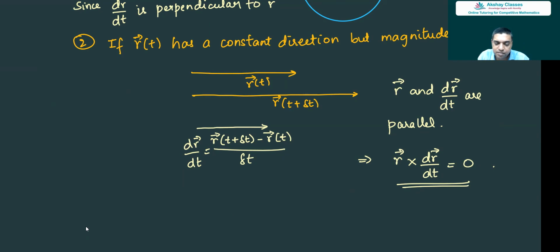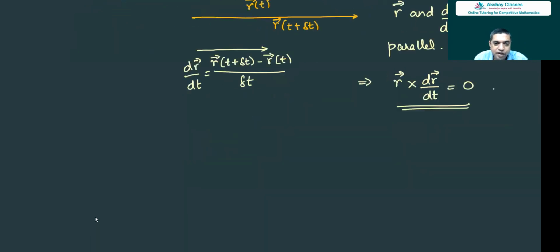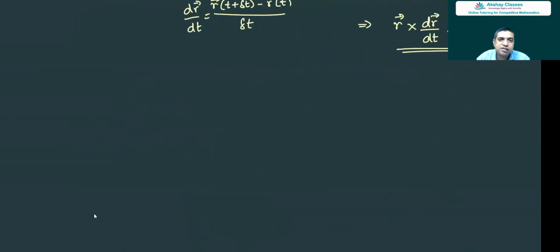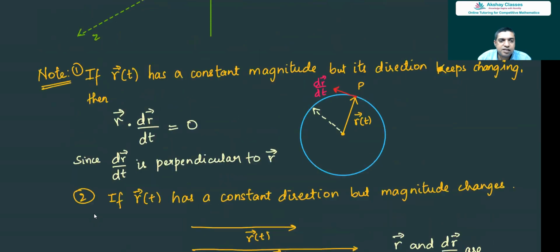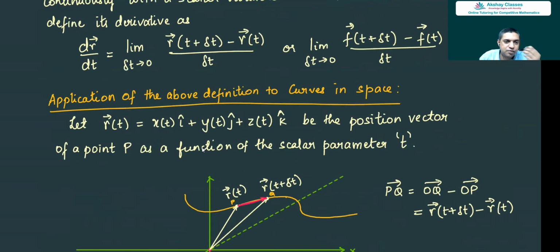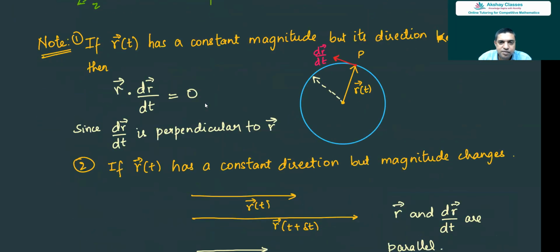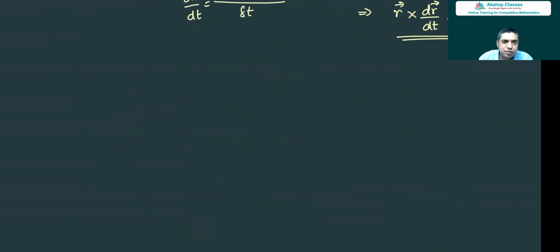Now, there are some basic properties of derivatives, rules for vector differentiation. These are some fundamental concepts of the vector derivative. Now, rules of vector differentiation.